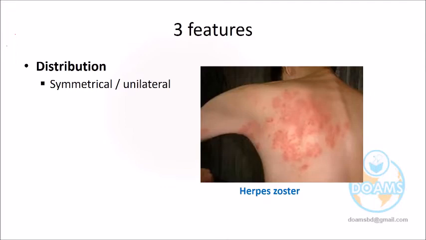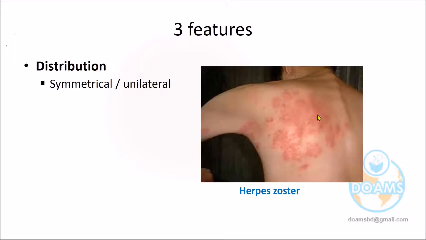It may not be dermatologic, it may be in joint disease also. Suppose these lesions are on the right side as such. I'm just explaining, don't think that I am explaining herpes zoster. I am explaining as the word comes up now in front of us. Unilateral, there is no doubt.